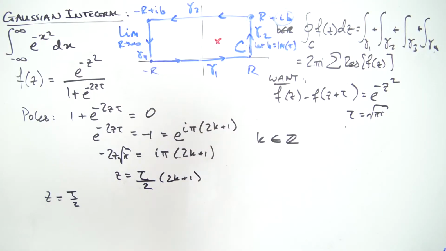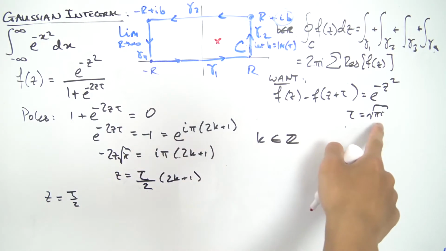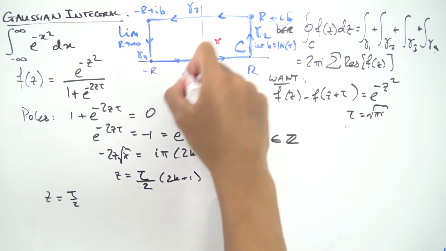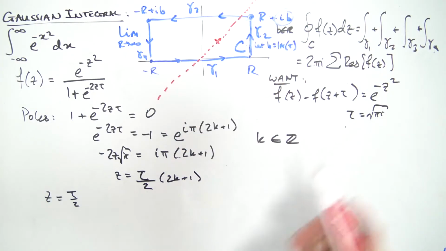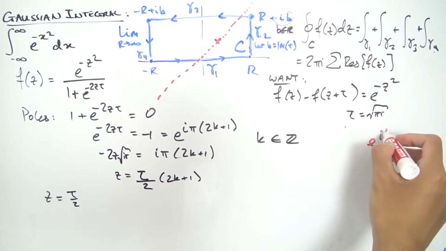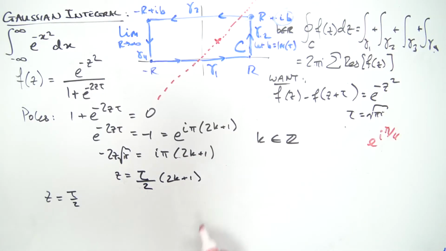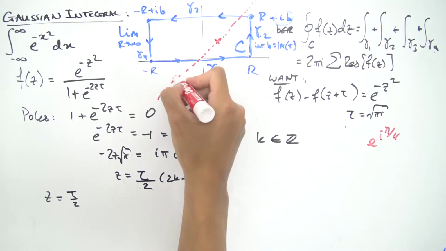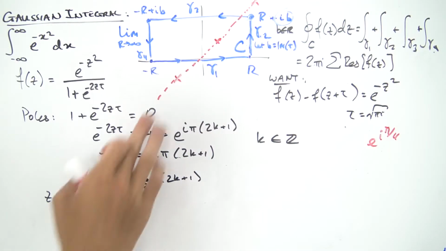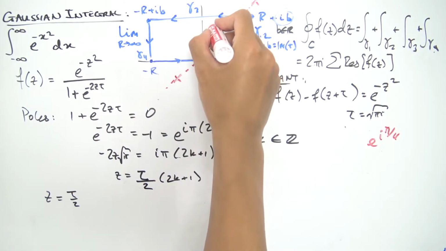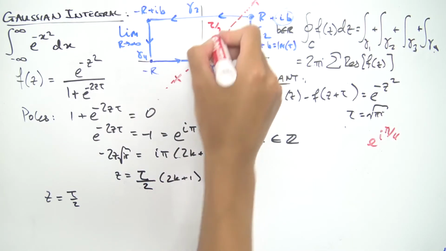It's going to be nicely sandwiched in between. And notice tau is the square root of pi times I, so it's going to lie on the line y equals x, because square root of I is e to the I pi on 4, and that's exactly 45 degrees. So y equals x, and then you have all these other poles that are at every single odd multiple of tau over 2. So this pole over here is going to be tau over 2.